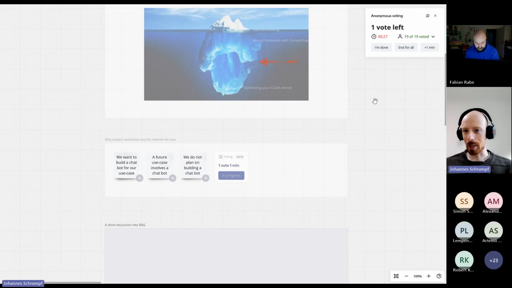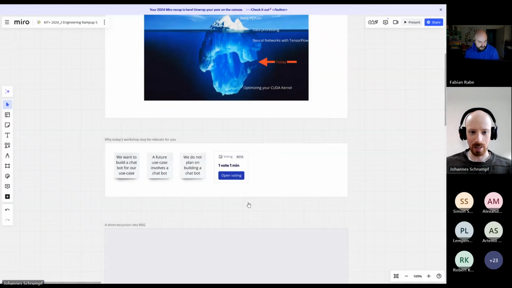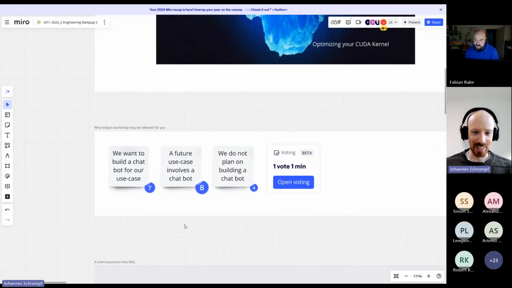All right, looks like everybody has voted. Nice. So actually the majority of you want to build a chatbot, or you want to build a chatbot in the future. I don't think this comes as a big surprise, as generative AI and large language models are the hot kid on the block, the hot topic.